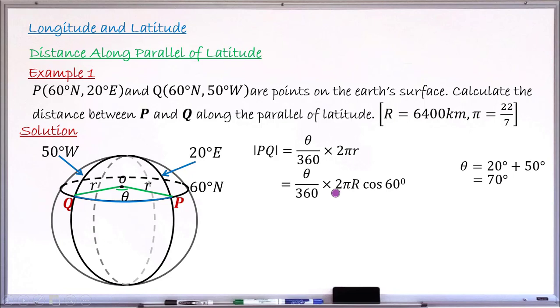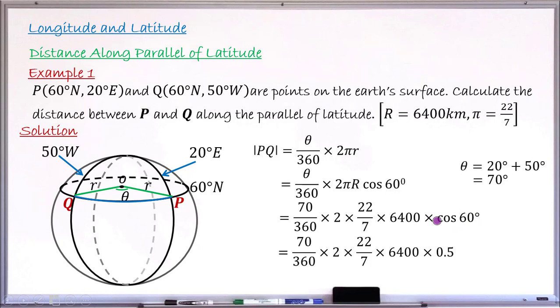So I can come back to this formula and substitute theta, R, and the pi, which I have in the question. Substituting it there, you have 70 over 360 multiplied by 2, multiplied by 22 over 7, multiplied by 6,400, multiplied by cos 60. Cos 60 with your calculator, or from your four-figure table, is going to give you 0.5.